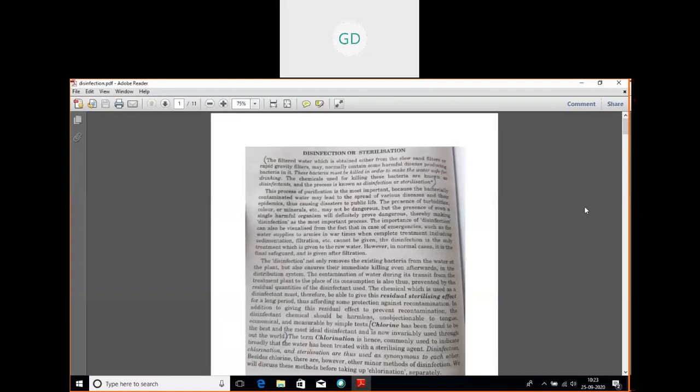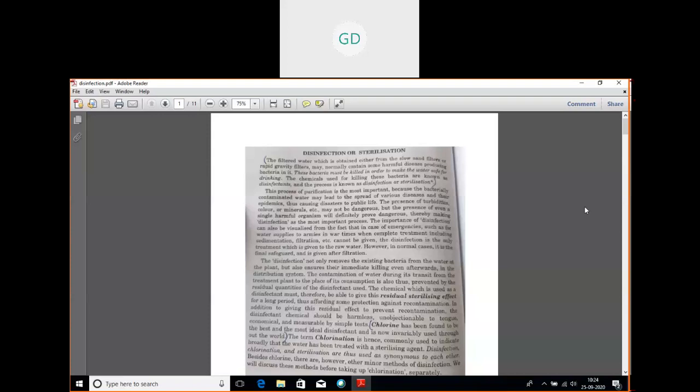After your filtration is done, as we already mentioned, there are slow sand and rapid gravity filters, and nowadays people are using rapid gravity filters because they are more cost effective and the rate of filtration is also very high. But rapid gravity filters don't give you accurate results.